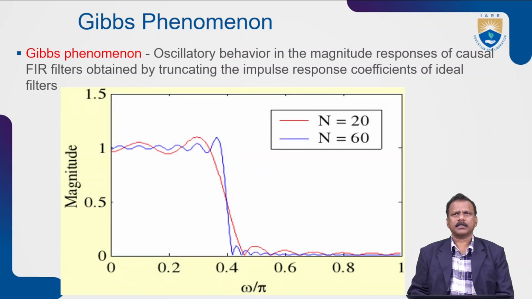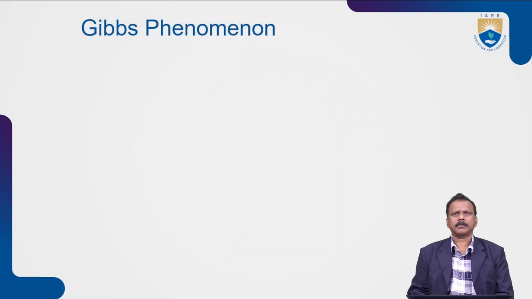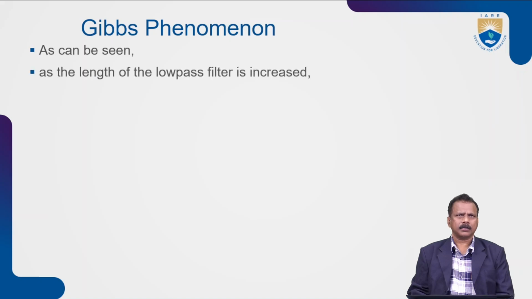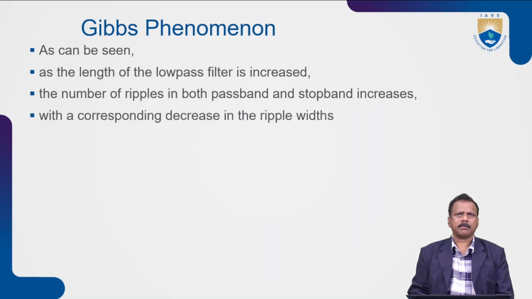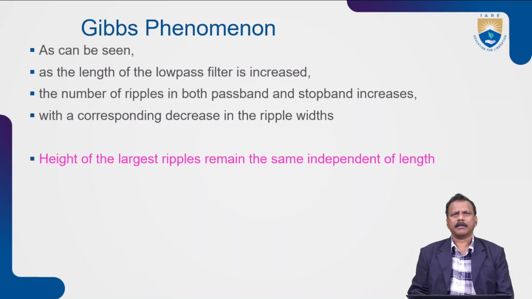As can be seen, as the length of the low pass filter increases, as per this graphical representation, the number of ripples in both passband and stopband increases, with a corresponding decrease in the ripple width. The height of the largest ripples remains the same, independent of the length.